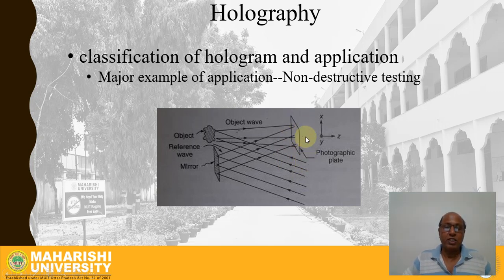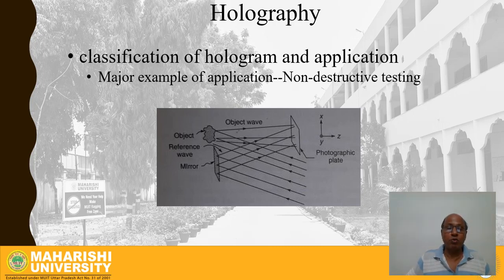And this interference pattern will give us the information about intensity in the x and y direction, and phase information in terms of interference fringes when viewed from different angles in the plane of the paper and also along the depth, right?